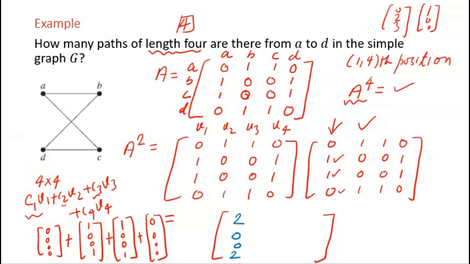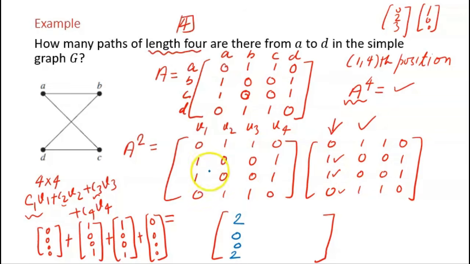Now, can anyone answer how to write the second column? In case you think you can answer, pause the video, answer first, and then continue watching. So here I will take 1 times this vector, plus 0 times the second vector, plus 0 times the third vector, plus 1 times the fourth vector.